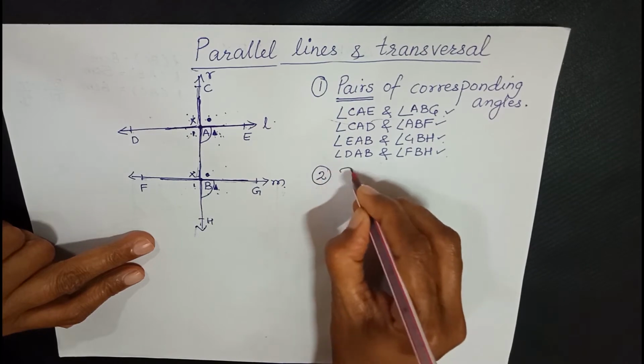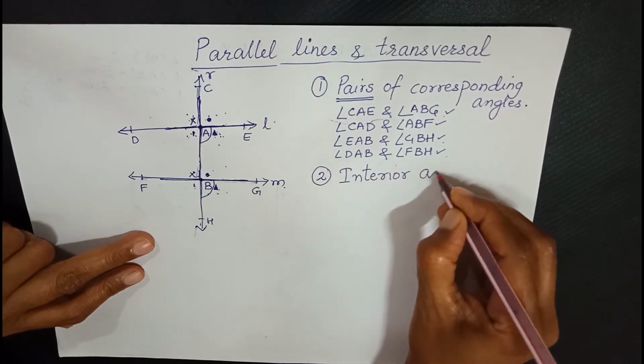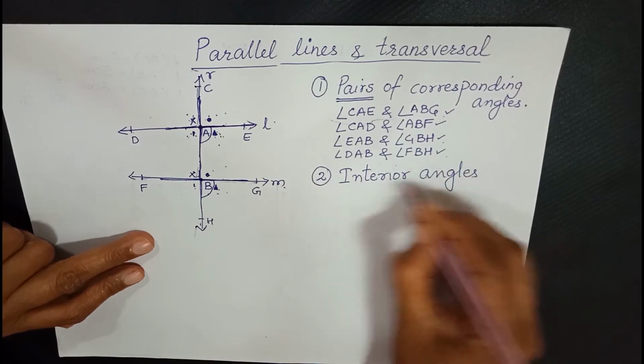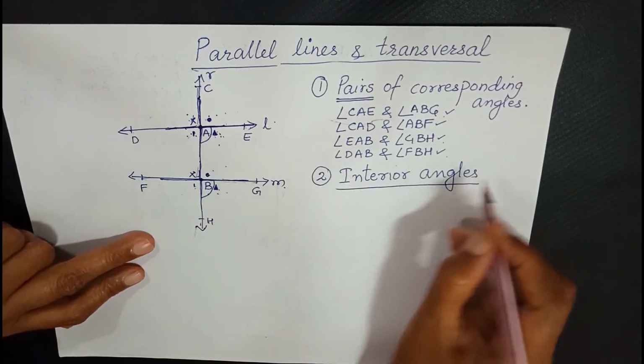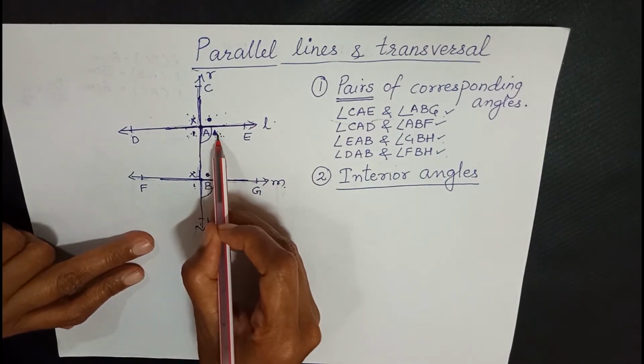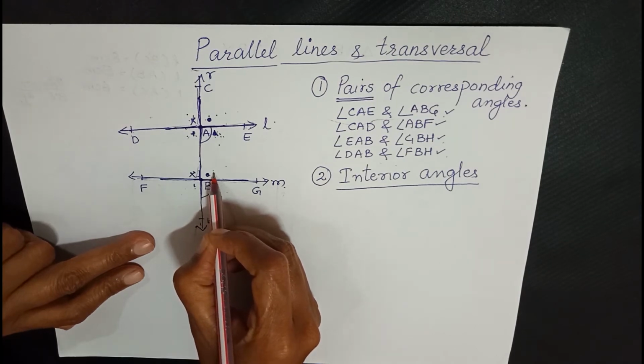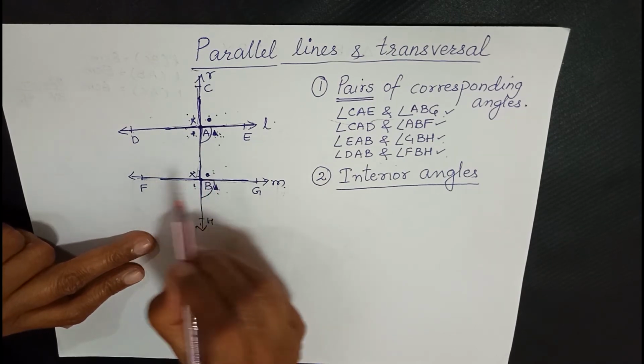Second is called interior angles. As the name suggests, interior means inside. The angles which are inside these two parallel lines are 1, 2, 3 and 4. Out of these also we will make pairs of 2 angles.